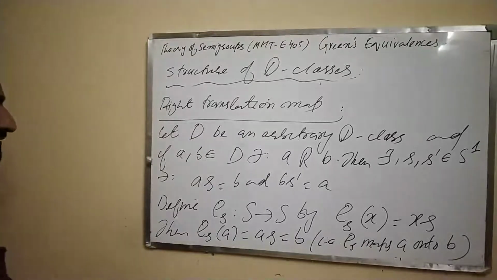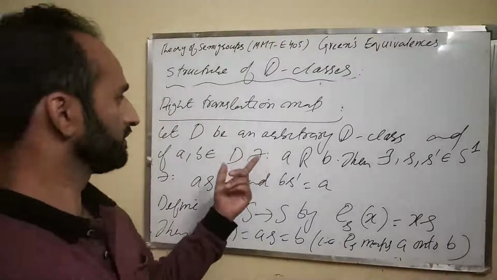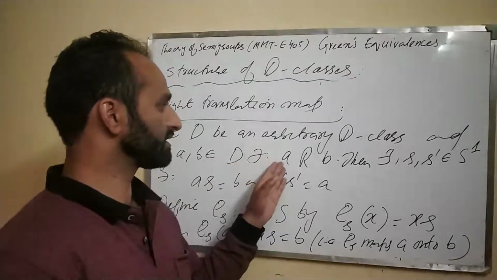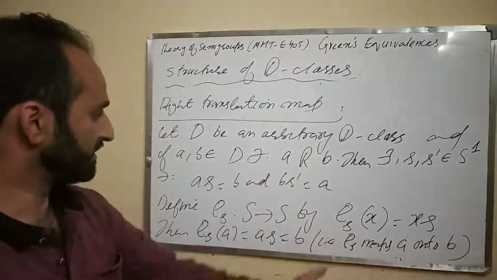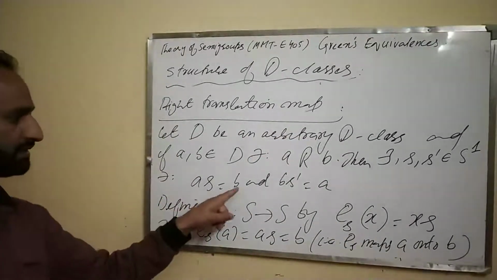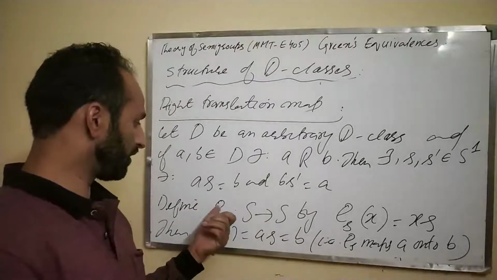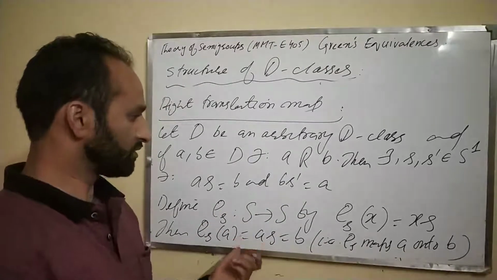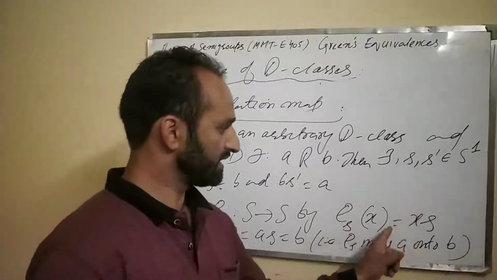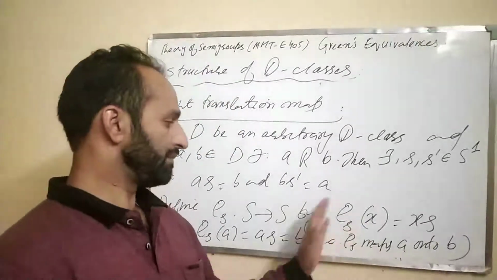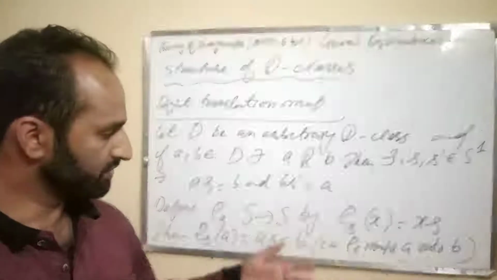And similarly, we can define the left translation where we say A and B are in some D class such that A is L related to B. Then I can find S and S dash such that SA is equal to B and S dash B is equal to A. And in that case, we define a map rho of S dash from S to S by rho of S dash of X equal to S dash X. And you will see that that map maps B onto A. That you can easily see.